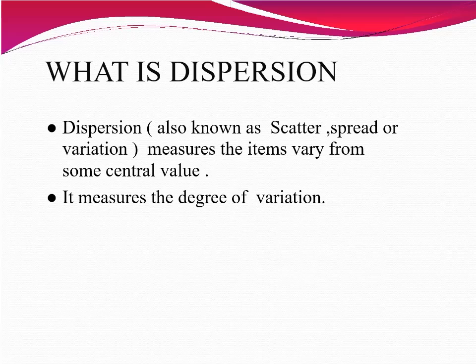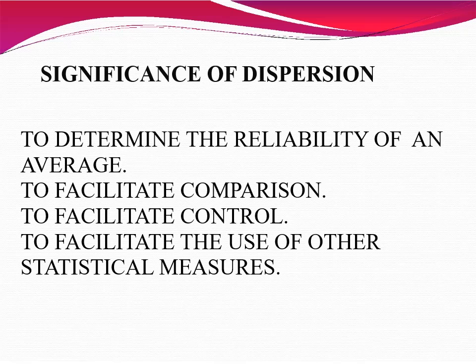What is dispersion? The term dispersion means variability or scattered pattern of things or values, and the measure of the degree of variation is dispersion. Significance of dispersion.